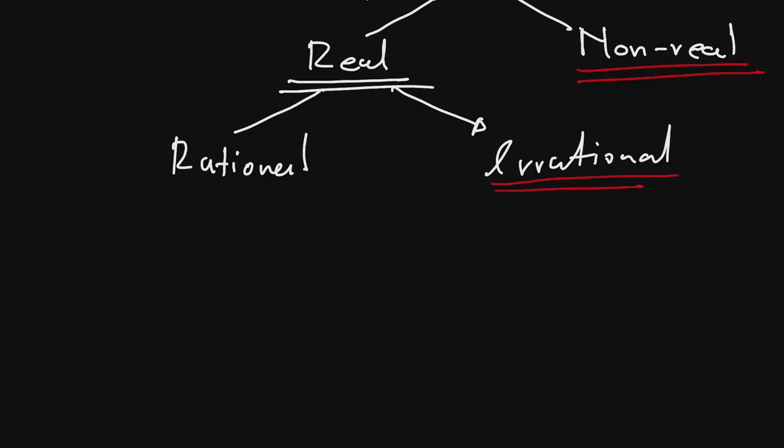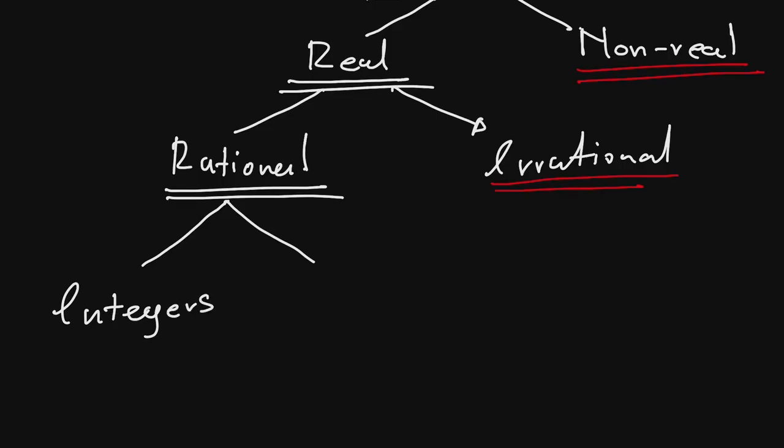Now, rational numbers can also be grouped into two groups, which we call integers and fractions. But what are integers? Remember that we said we have positive and negative whole numbers which can be written as a fraction, and we consider them rational numbers.